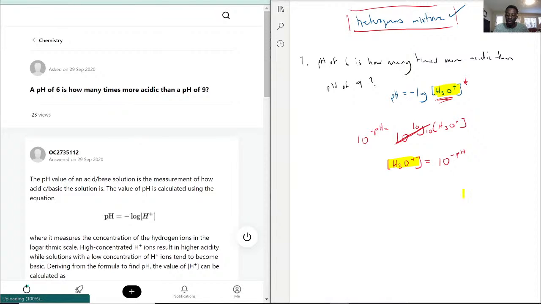We have a very small 0.000001. Hopefully I counted that right. 1, 2, 3, 4, 5, 6. Yep. So that's 10 to the negative 6. And 10 to the negative 9 is equal to 0.000000001, because you should have 1, 2, 3, 4, 5, 6, 7, 8, 9.